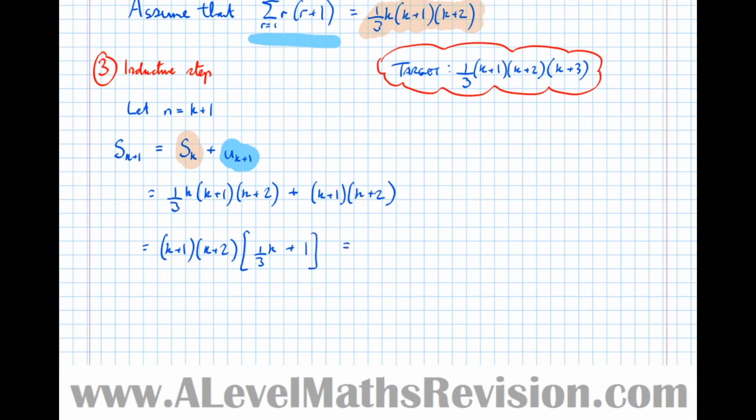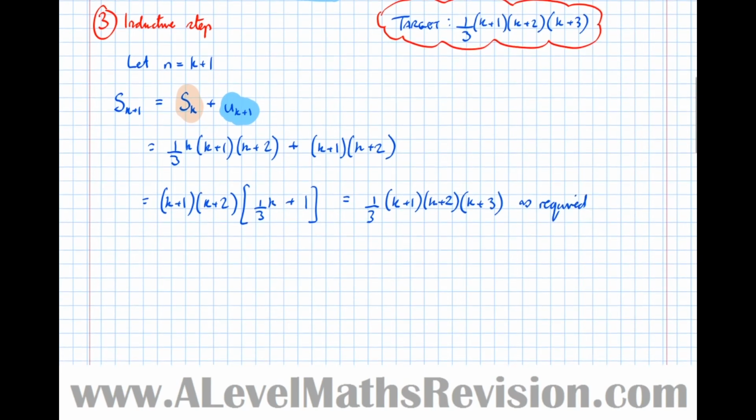So we're almost there. Now if we take out a factor of a third from this bracket and put it to the front, equals a third, k plus 1, k plus 2. Then in this bracket, a third times k is a third k, and a third times 3 gives us the plus 1. And there we have it, as required.